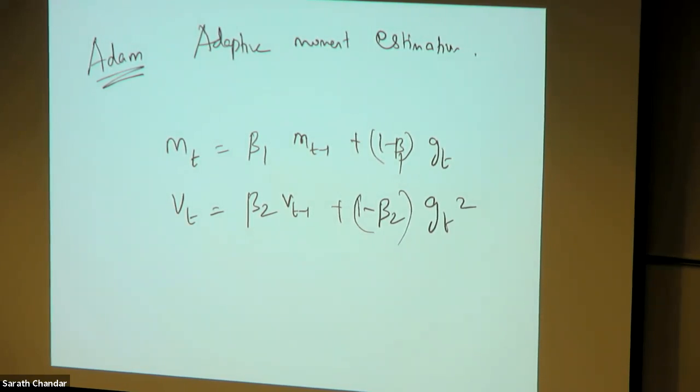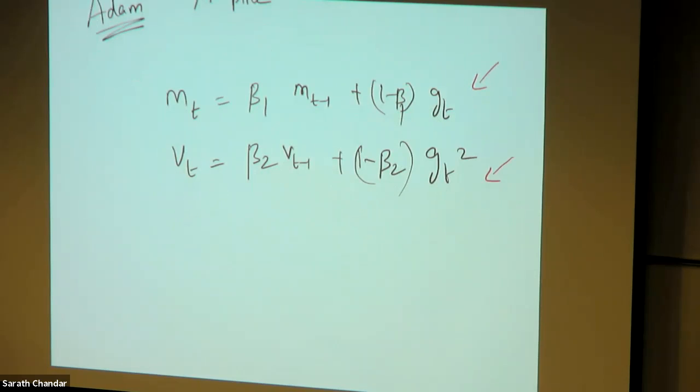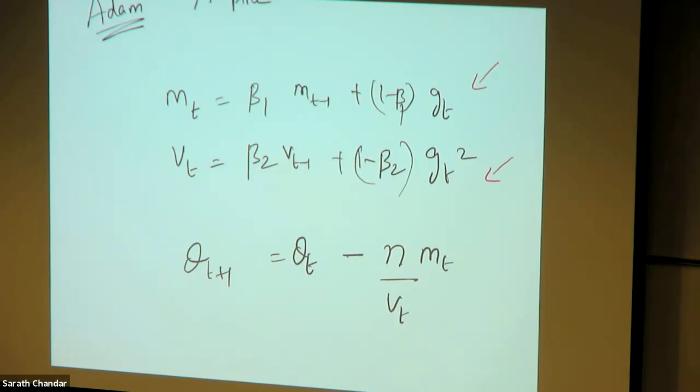If you think about it, this corresponds to the momentum method, and this vt term corresponds to the RMSProp equation, the denominator thing. So I'm going to put these two things together and write an equation: theta t plus 1 is equal to theta t minus eta times mt by vt. Is that clear?